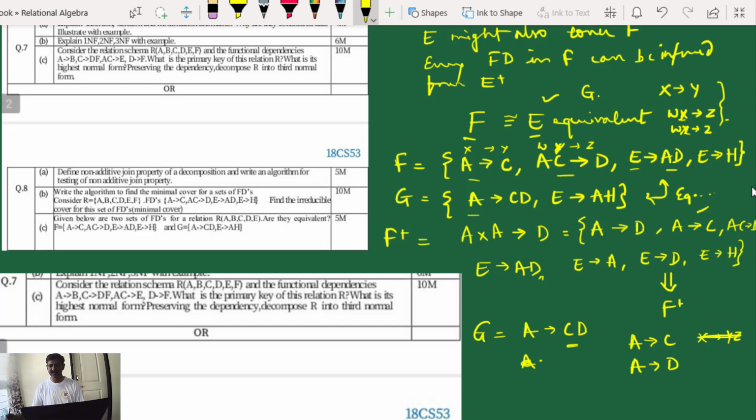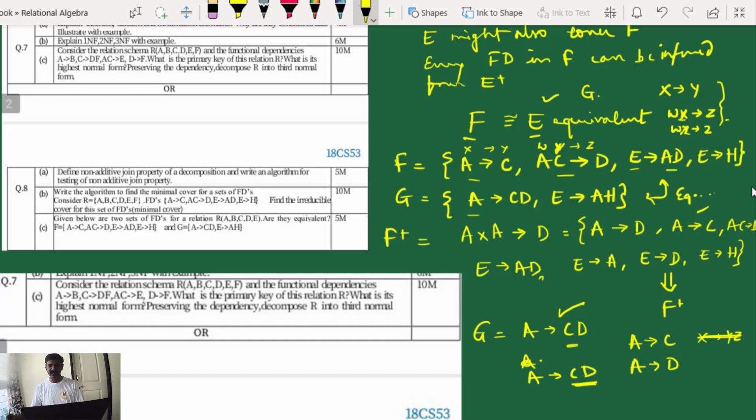We have seen this. So since A arrow C and A arrow D, we can write A arrow CD. It means from F plus I could derive A arrow CD.